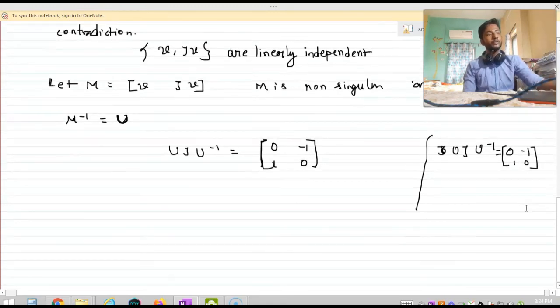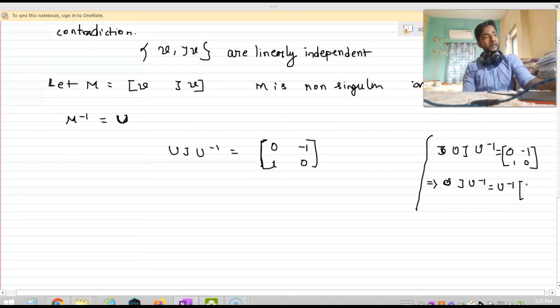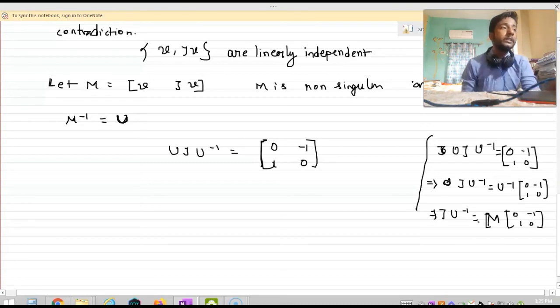So this is equivalent to J being equal to U inverse times [0, -1; 1, 0]. What is U inverse? The inverse of U is M inverse's whole inverse, so it is M. So we have to show that J U inverse equals M into [0, -1; 1, 0].